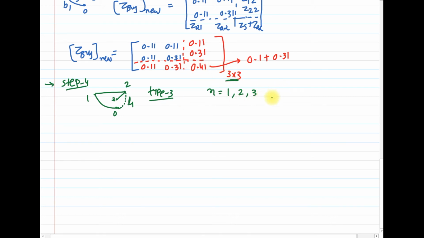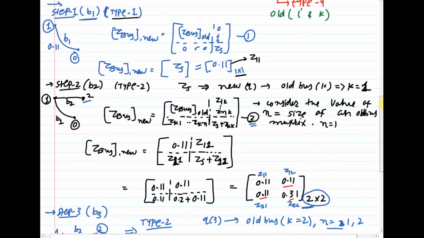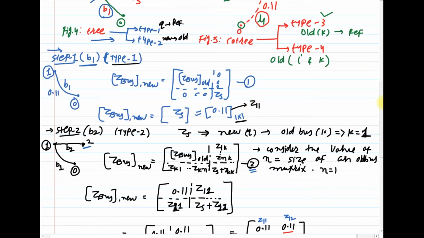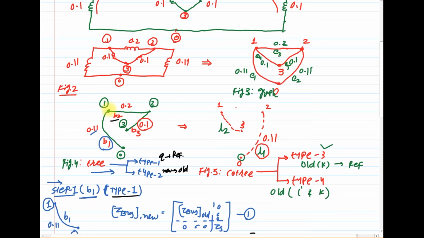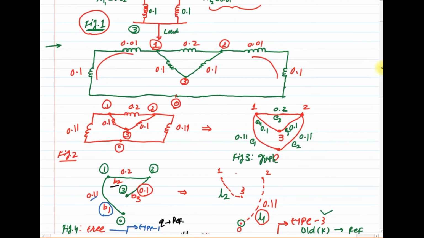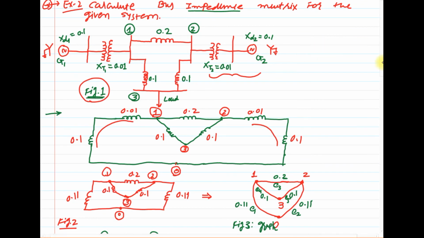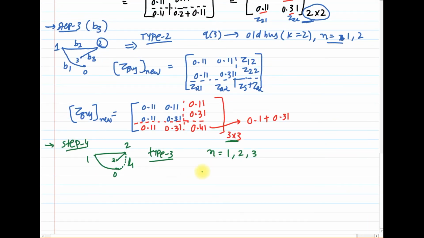Okay, and yes, for the co-tree link, you can consider n as the total number of buses in your system. So here a total of 3 buses are available in our system, so we can consider n is equal to 3, or also we can consider n equal to the size of the Z bus old matrix which we have got in our previous modification.